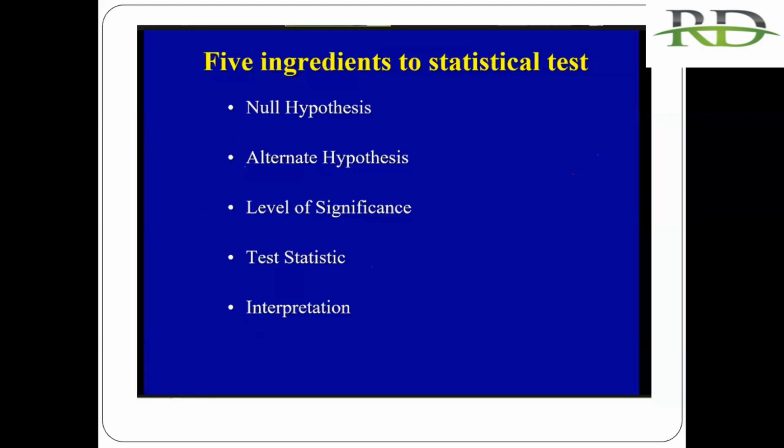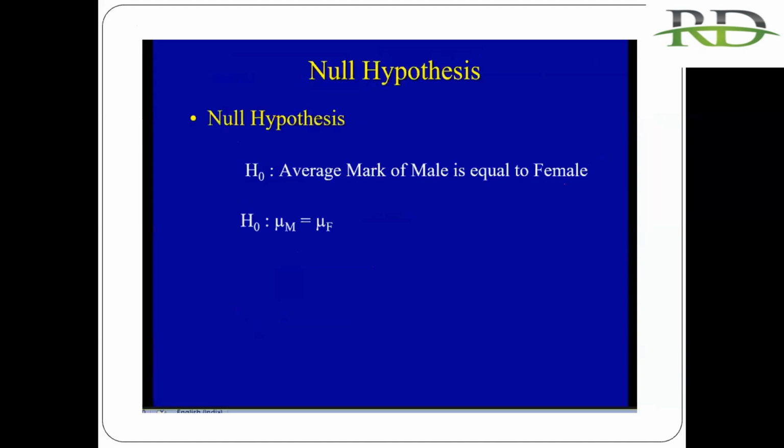So for example, generally people say that in statistics or mathematics, it is a previous statement from 10 or 20 years ago, that female students are not as good in mathematics as male students. So the average marks of male and females are not equal, or generally the average marks of females are lesser than the males.